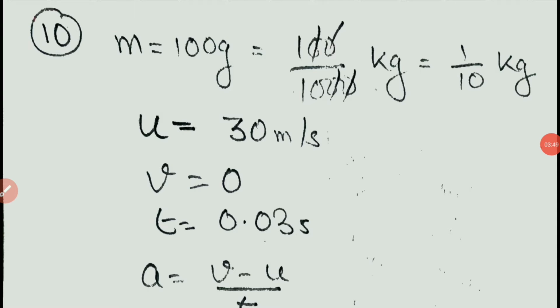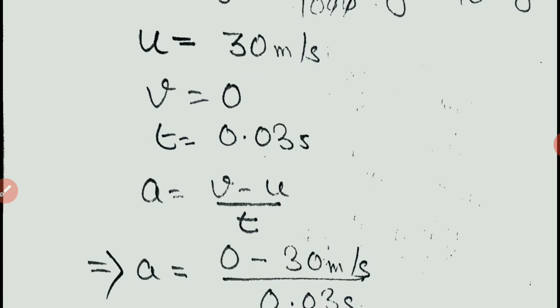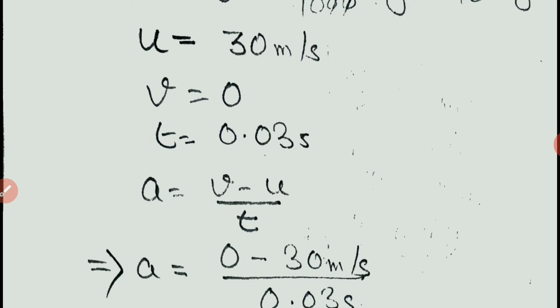The mass given to us was 100 gram, which is 100 upon 1000, giving me 1 upon 10 kilogram. Initial velocity was given as 30 meter per second. Since the body comes to rest, the final velocity is 0. Time equals 0.03 second. Here we are supposed to find the force.